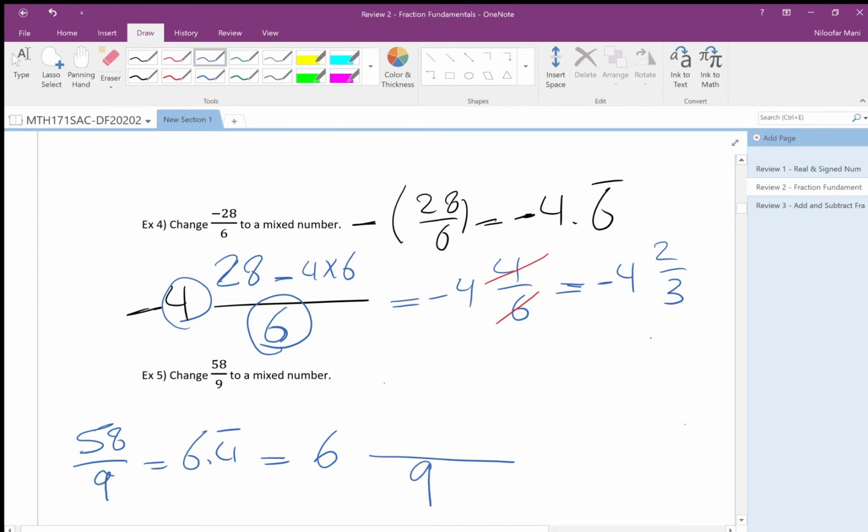How do I find the top? 58, which is what I had, minus 6 times 9, because I want to see how many is left. I already took 9 out 6 times. So I asked myself, 58, how many 9s? 1 nine, 2 nines, 3 nines, 4 nines, 5 nines, and 6 nines out. So what is left then? 6 and 4 over 9.